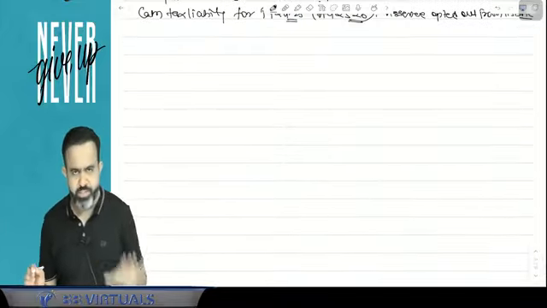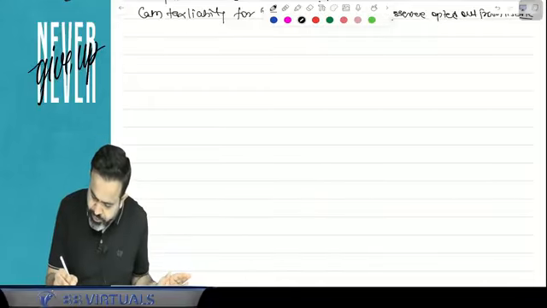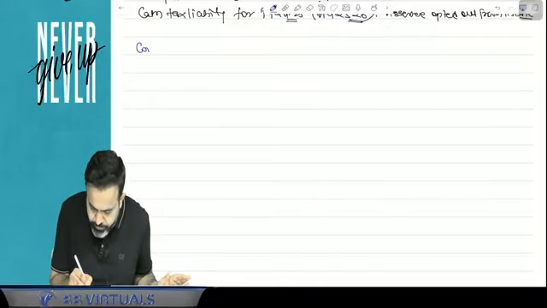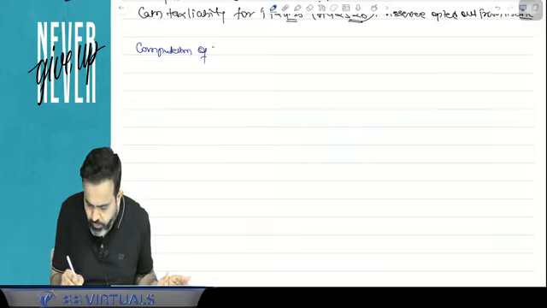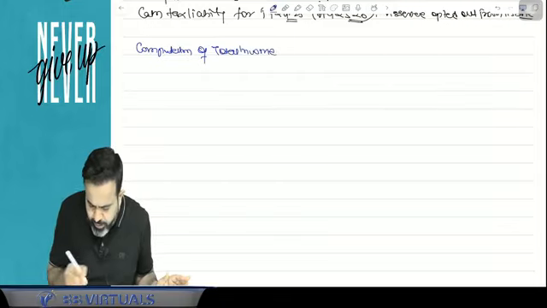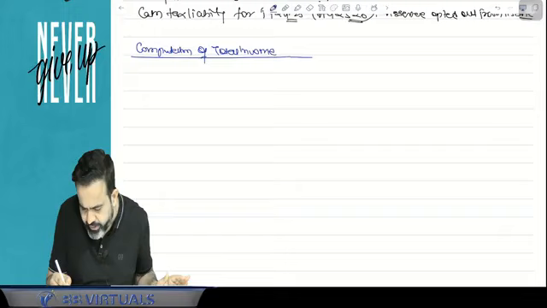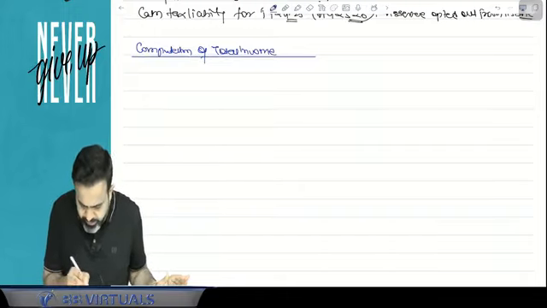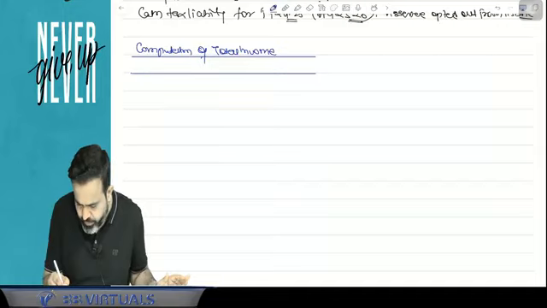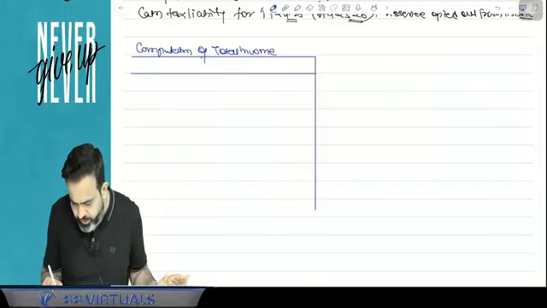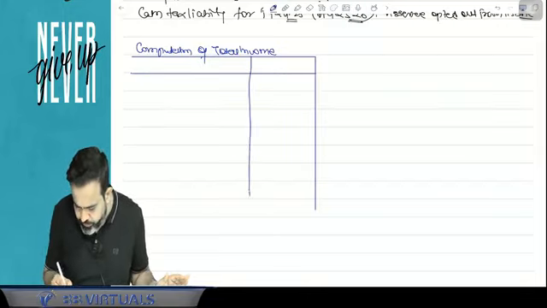We are first calculating the computation of total income. When you calculate the total income, how will you calculate it?